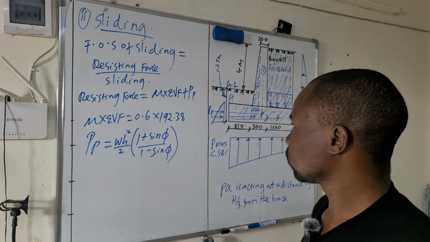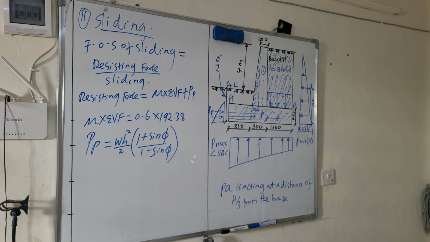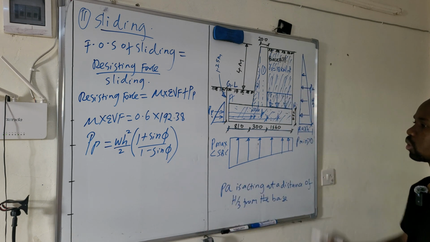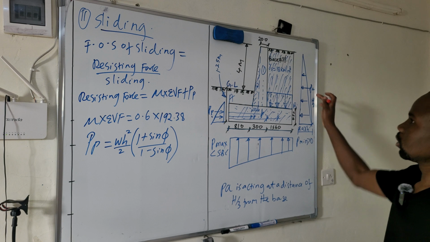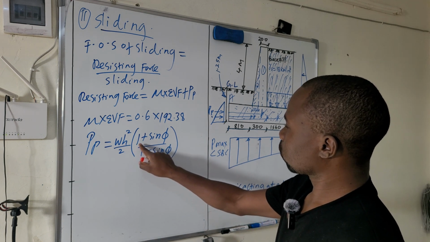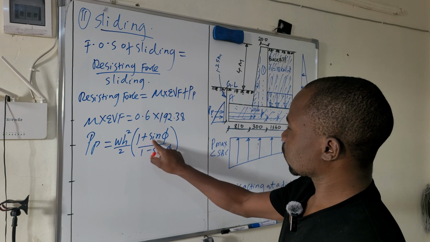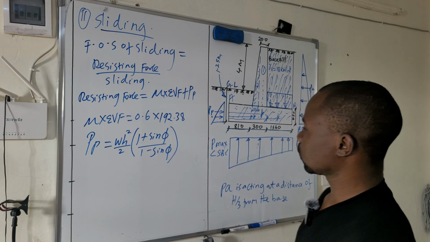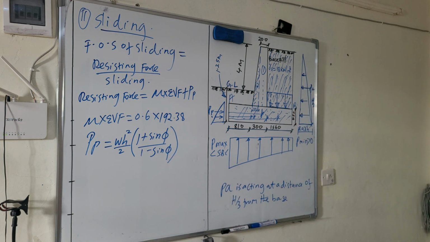This is for the passive. And remember, we have passive and active. So active is this one. So for the active, the sign changes. So for the active, it will be 1 minus sine over 1 plus sine theta, like that.